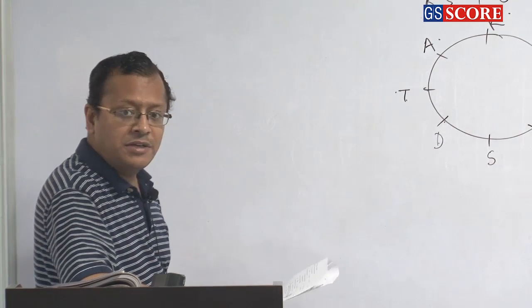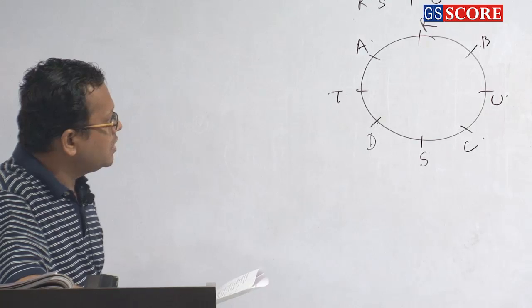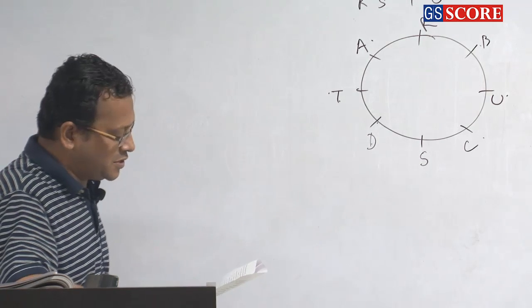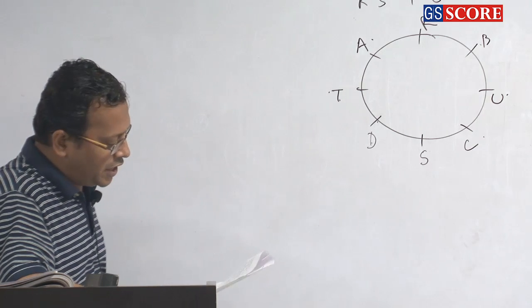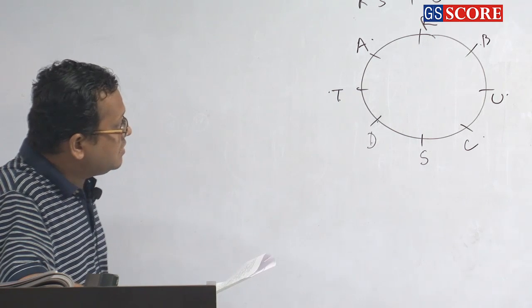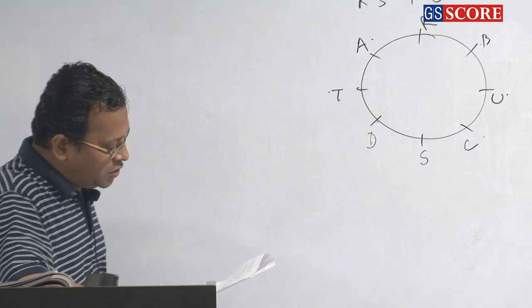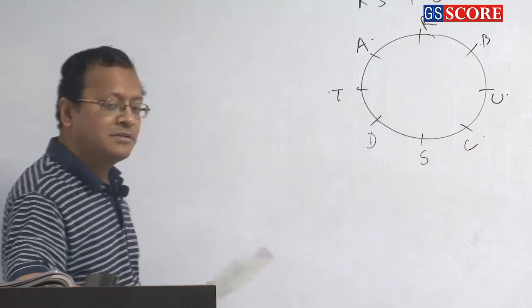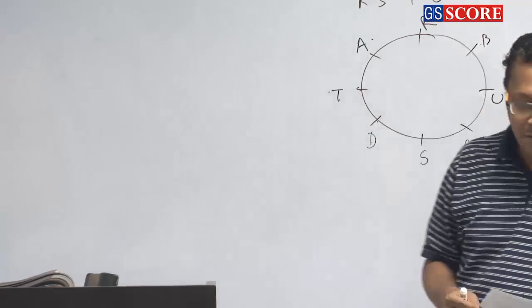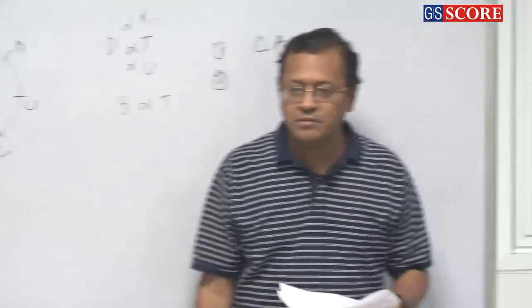R is between T. Sorry. A's husband is T. Sorry. R is between A and B. Okay. D is facing B. Which girl is married to S? D. That's it. Okay. 13th one.